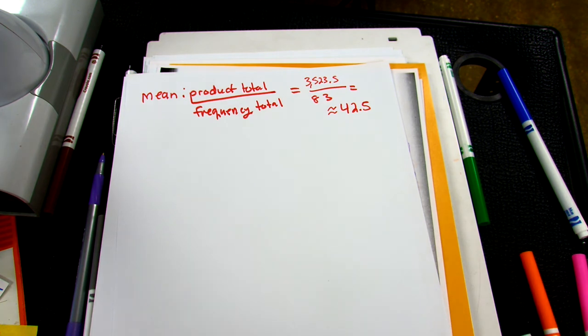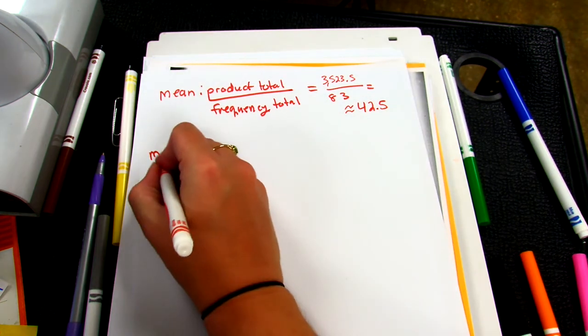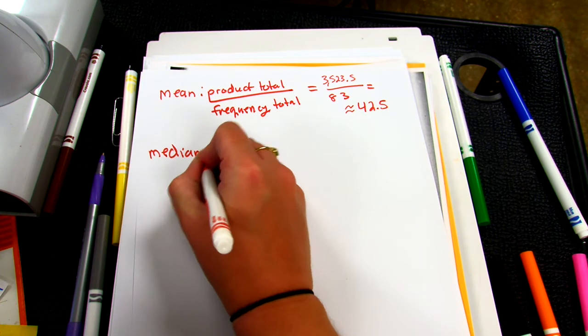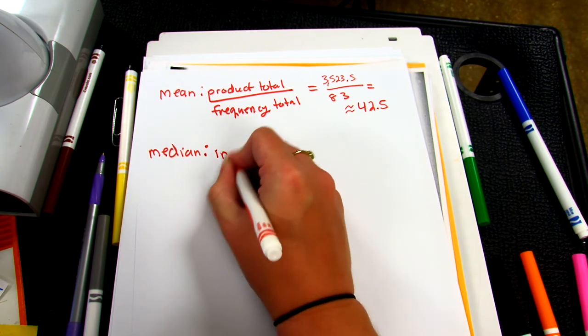The median, since we don't have specific numbers, we just have an interval, your median is going to be an interval instead of a single data. So we want the interval that contains the middle number. So again, when we talk about a median, it's going to be an interval. Why?